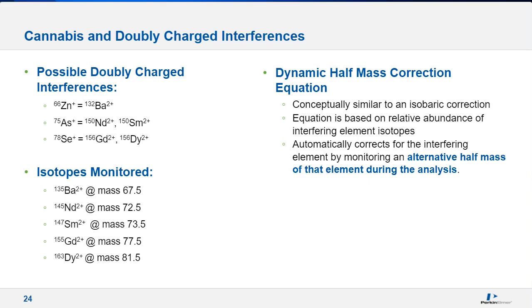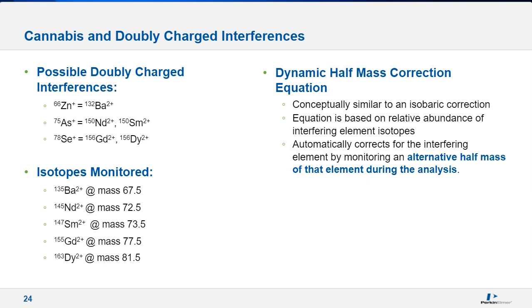This type of doubly charged ion correction requires multiple steps and is time-consuming to set up. Using the singly charged ions to estimate the formation rate for doubly charged ions is also prone to errors if the ionization conditions change, for example, due to different sample matrices.